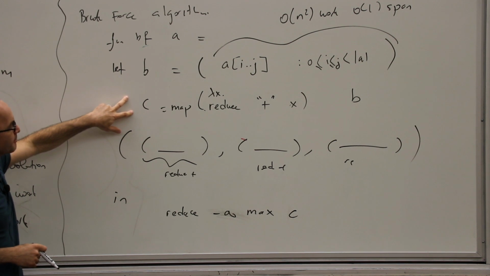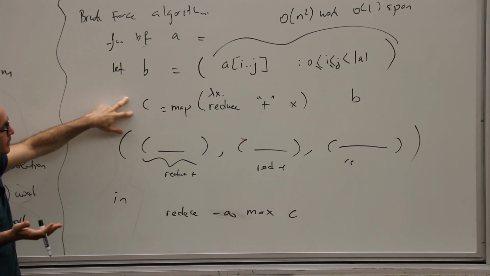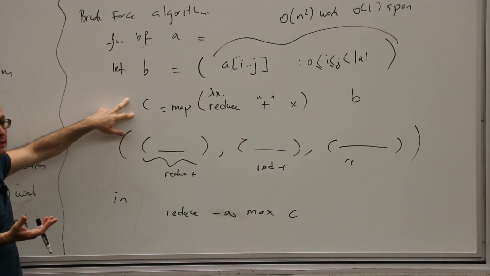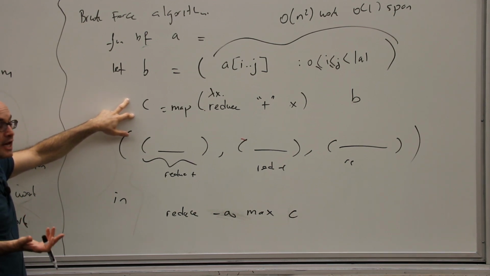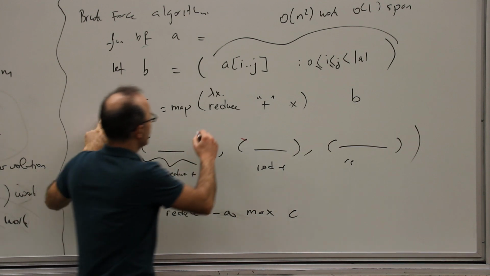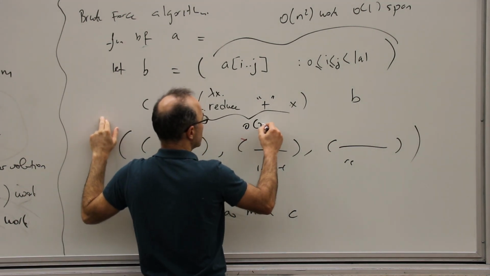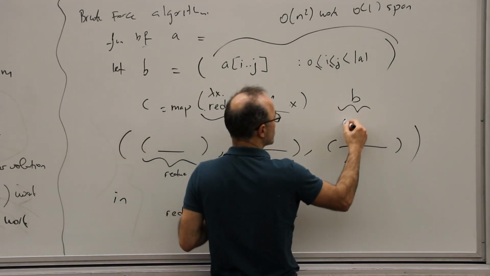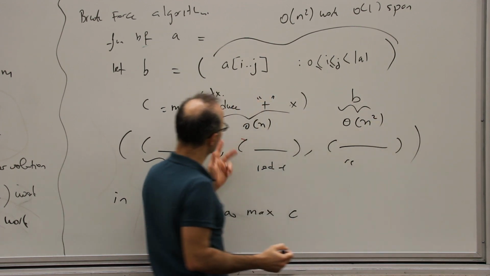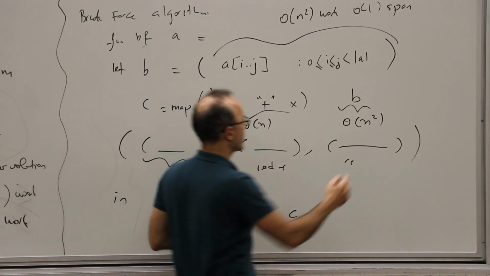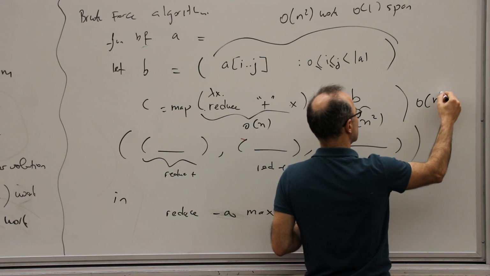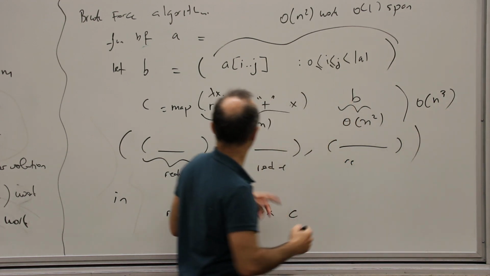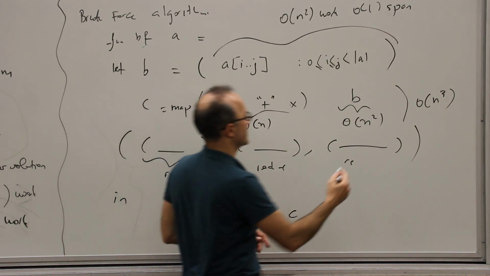Then we do this map over n square different sequences, each of which could be as large as n. So this takes order n work, and there are order n square different things, so the total work here is order n cube. And because of this reduce, order log n span.